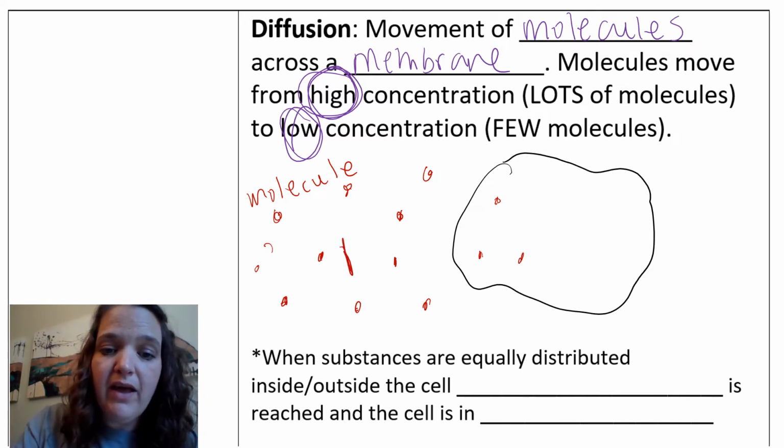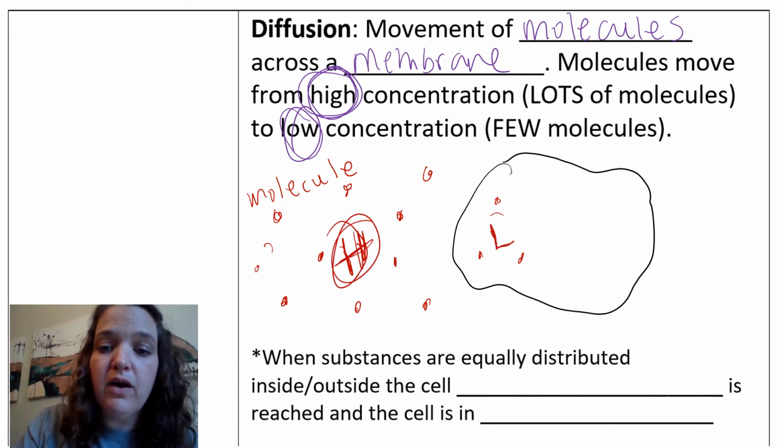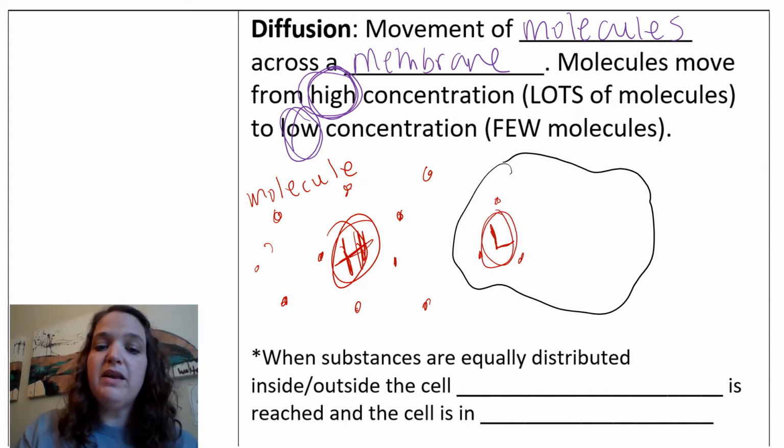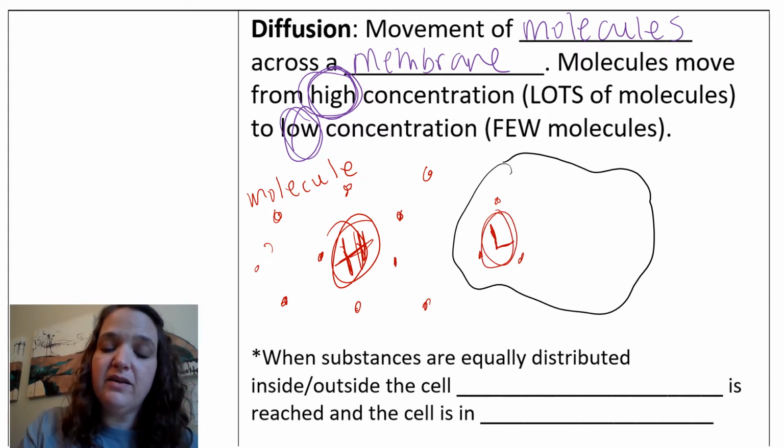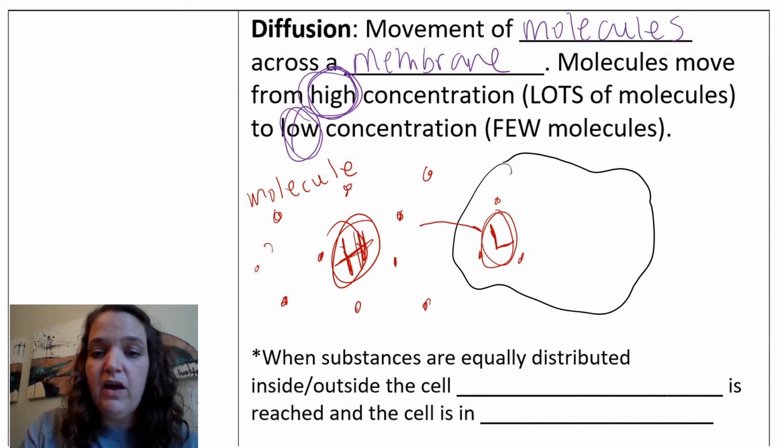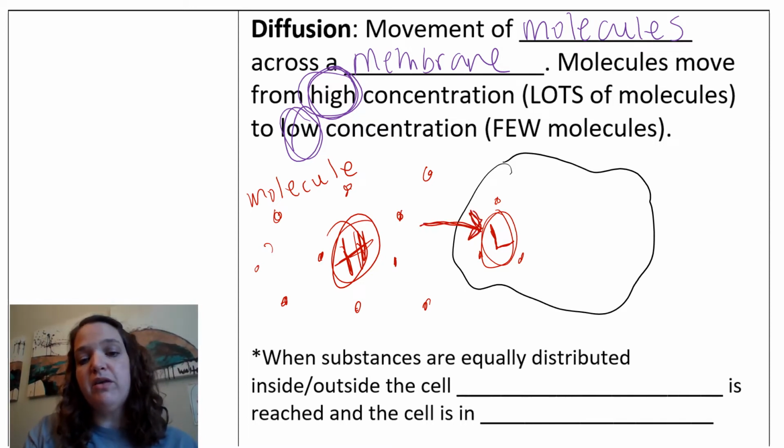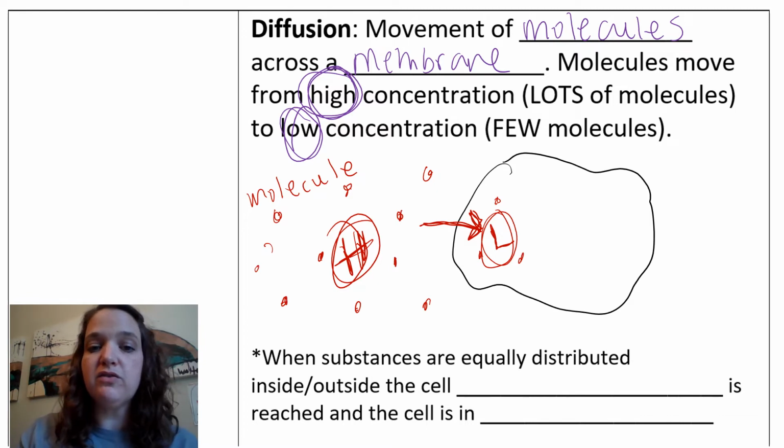So here we have a high concentration of molecules, and here is a low concentration of molecules. So we now can see that this is a concentration gradient, and that these molecules are going to go past the cell membrane or through the cell membrane from a high concentration to a low concentration.